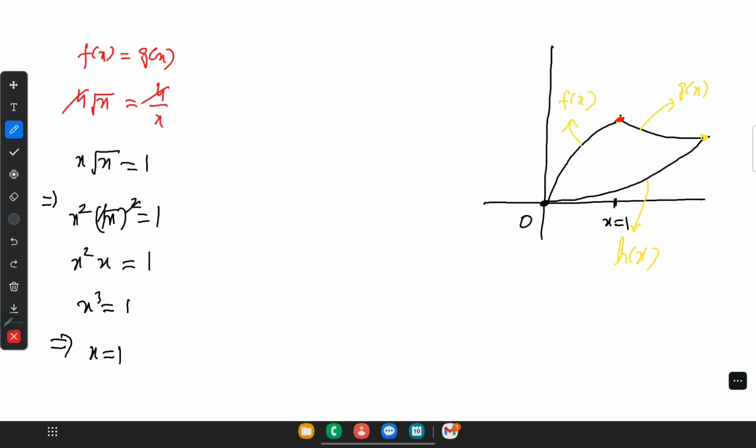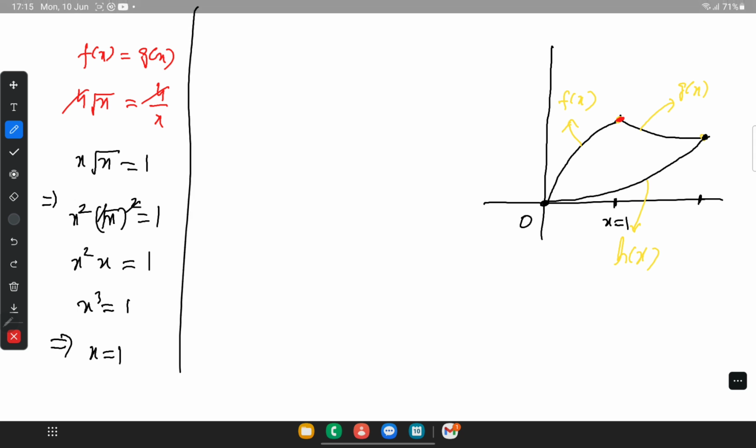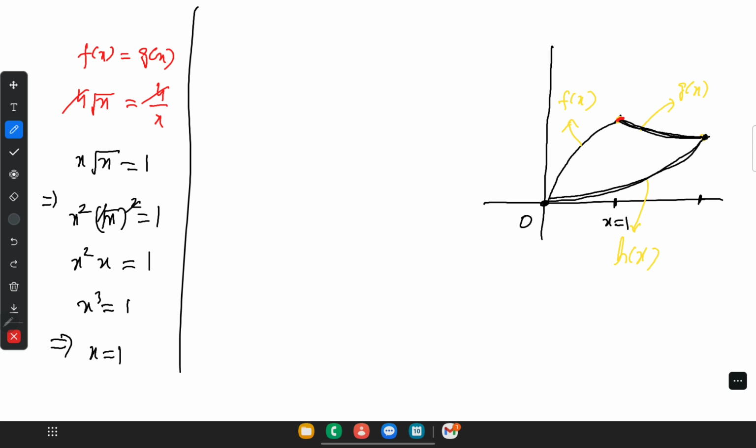Now I will find this point. What is this point? This is the intersection of two curves. Which one? g of x and h of x, because this is g of x and this is h of x.